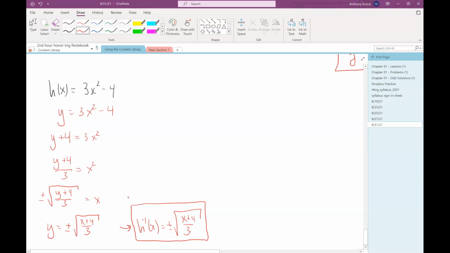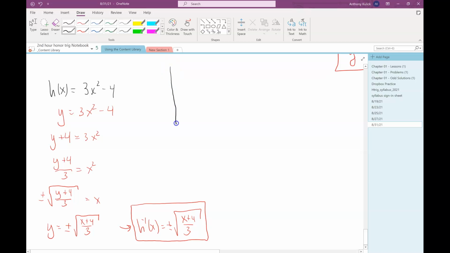Why isn't it a function? Because of the plus or minus, right? So one thing we might want to do is restrict the domain on our original function so that when we create our inverse, it would be a function.